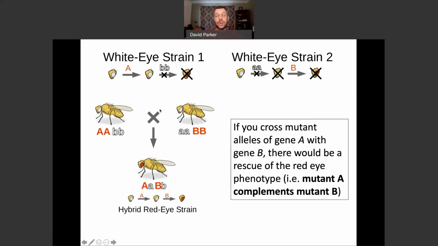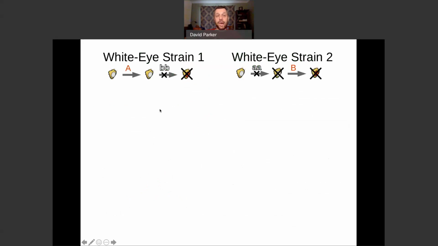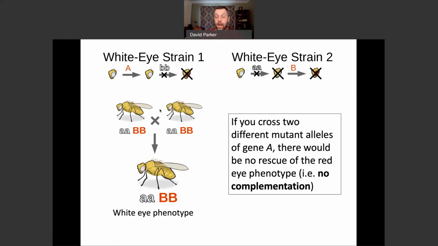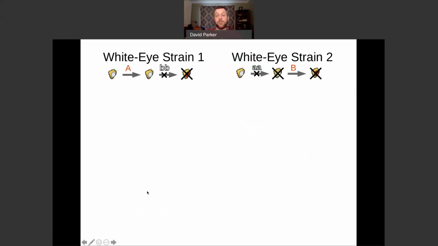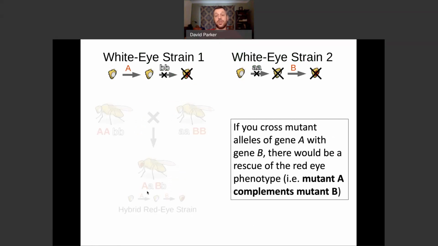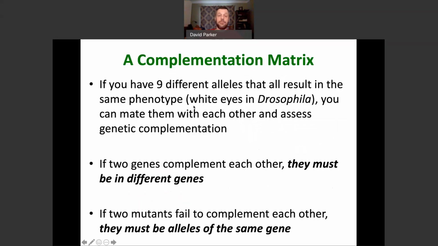If I cross 2 white-eyed flies together and they don't complement, in other words, if this situation occurs, it must mean that the 2 flies are mutant in the same gene because there was no complement. And that allows me, instead of studying 9 different mutants, to cut that number down, because if 5 of these are in the same gene, then I just want to study that gene.